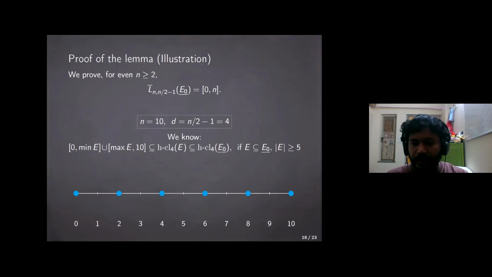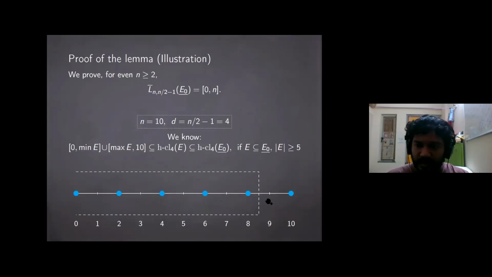Right, and the degree is 4. So if we want to apply our lemma, we want to take subsets of size at least 5, right? So let's take this subset 0, 2, 4, 6, and 8. This is a subset of size 5. The lemma says everything from 0 to the minimum, but here the minimum is 0, so I cannot add anything. But from the right side, everything from 10 to the maximum is in the closure. So the 9 gets added.